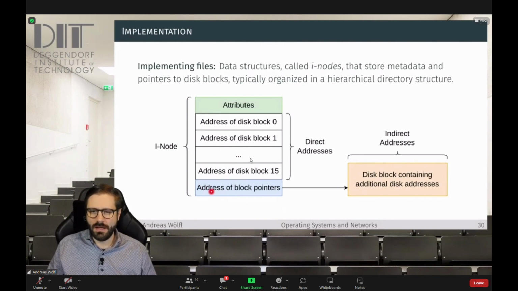So we have an address of block pointers, which points to the next disk block containing additional disk addresses to complete the list of all block addresses of a file. And this is an inode. Basically, three parts. We have the attributes, we have the list of the disk blocks, and we have the pointers to, like, when we want to extend the list of disk blocks. And this is it. This is an inode. This is how we implement files.